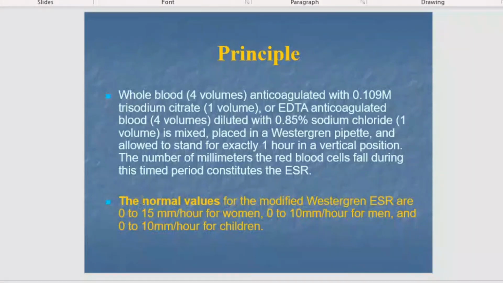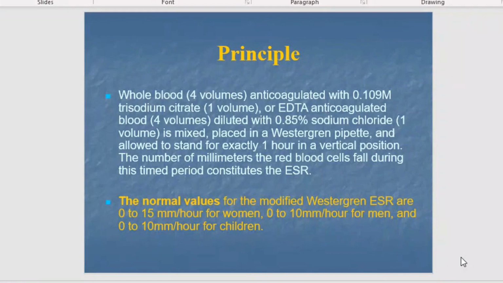Okay, then we'll mix it and we place the mixed tubes into the Westergren pipette, and then allow to stand for exactly 1 hour. So in a vertical position, we'll keep it. Okay, so the blood cells fall during this period of incubation, and then they constitute the erythrocyte sedimentation rate.